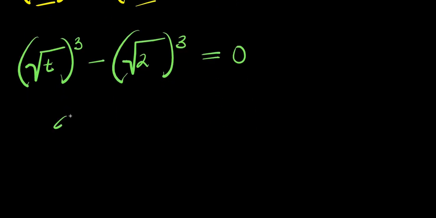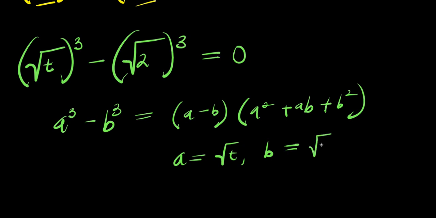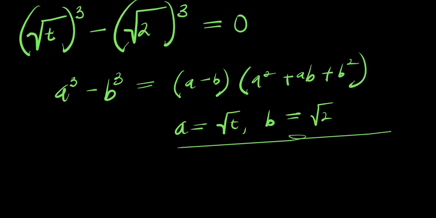Now, if you have a to the power of 3 minus b to the power of 3, this equals a minus b times a squared plus ab plus b power 2. And in this case, a is square root of t and b is square root of 2. So, we make use of this.